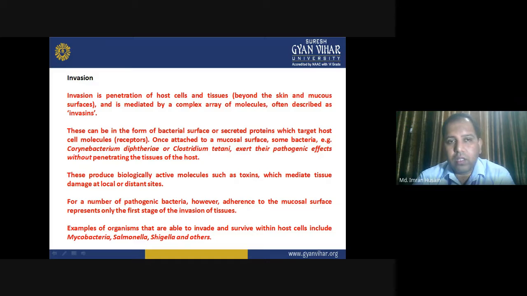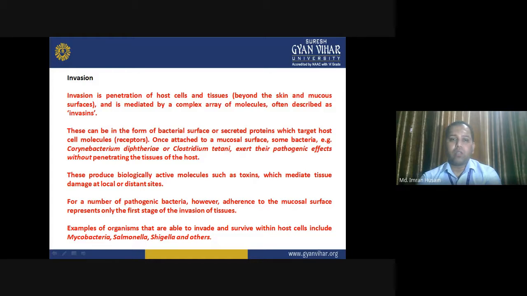The bacteria release certain types of chemicals or molecules that assist in the invasion inside a tissue. These can be in the form of bacterial surface or secreted proteins which target host cell molecules, particularly receptors, once attached to a mucosal surface.